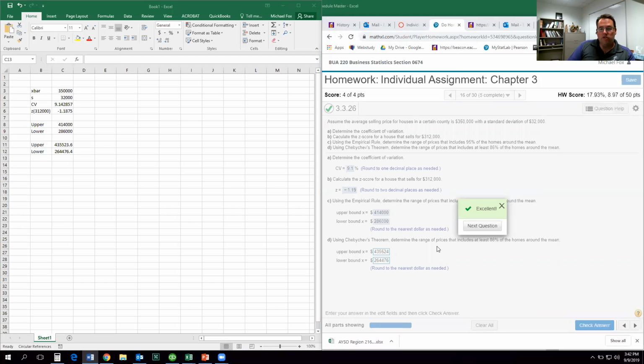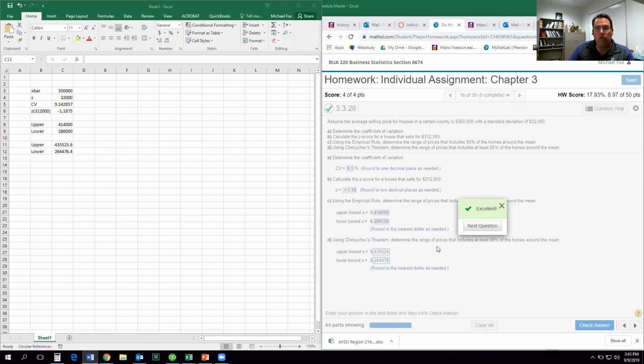So just remember, to do Chebyshev's theorem, the hardest part is we have to solve for the z. That gives us the number of standard deviations plus or minus the mean that our answer should be. And that's the hardest part about it. Recognize that the empirical rule is for data that conforms to a normal curve.